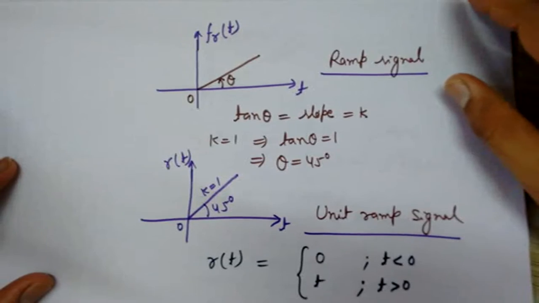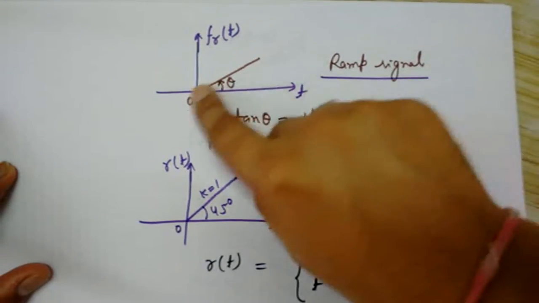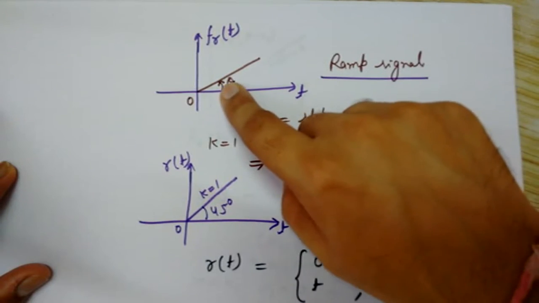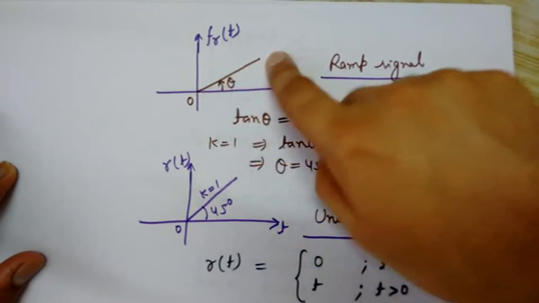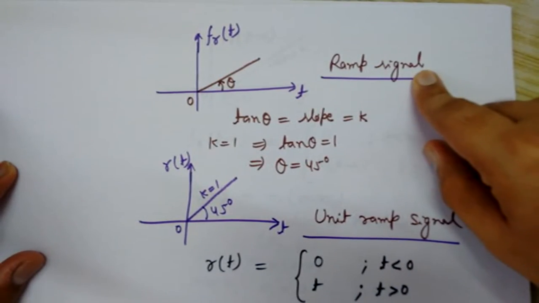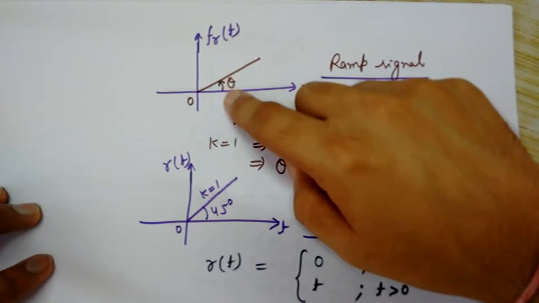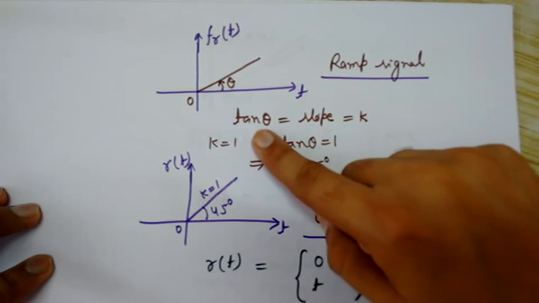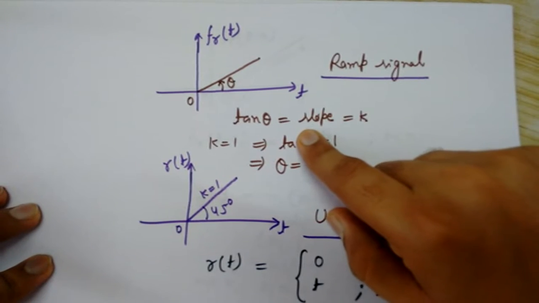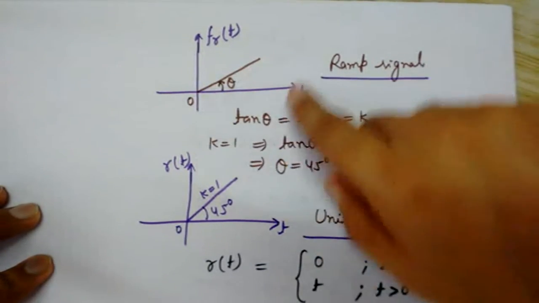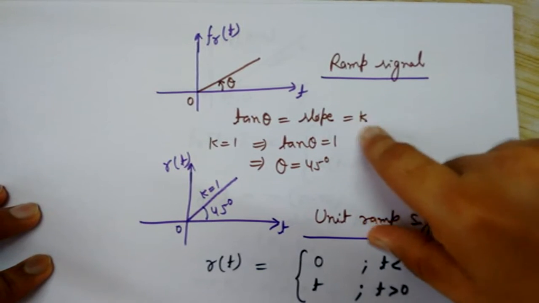The shape of this ramp signal is like a ramp, having some slant, making an angle of theta with the positive direction of the x-axis. Because of this shape, it is called a ramp signal. Since it is making angle theta with the positive x-axis, we can find the slope of this straight line. Tan theta is equal to the slope, and we denote this slope by k.